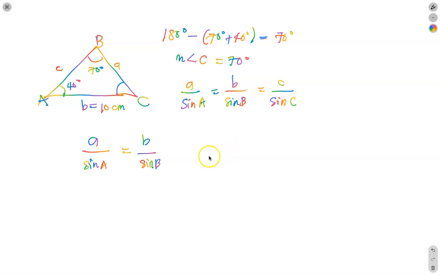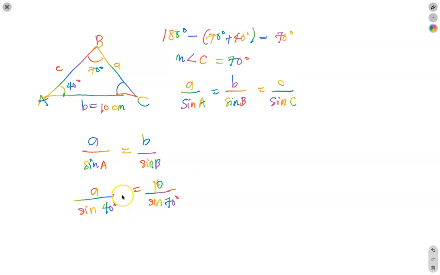Substituting the given, we have a over sine 40 degrees equals b, which is 10, over sine 70 degrees.